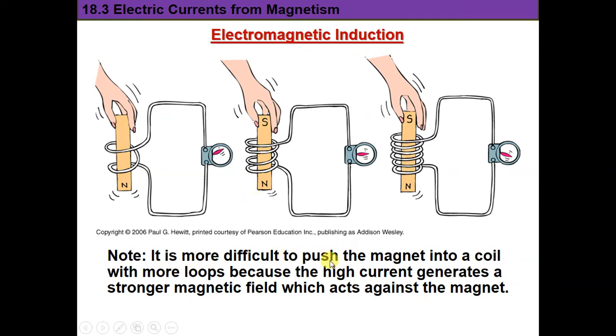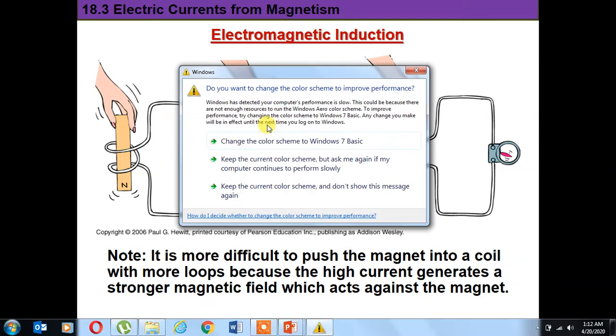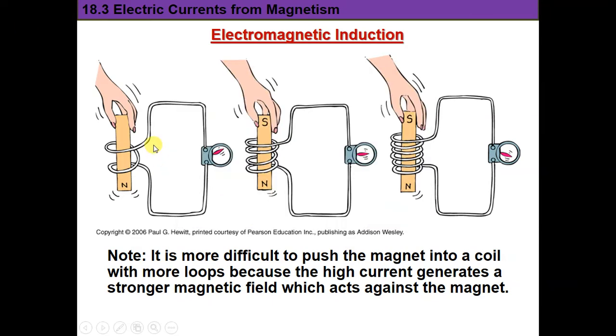It is more difficult to push the magnet into a coil with more loops because the high current generates a stronger magnetic field which acts against the magnetic field of the magnet. Okay, so it's an easy concept.